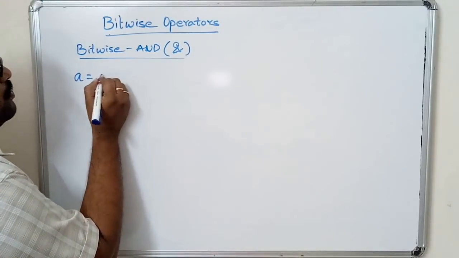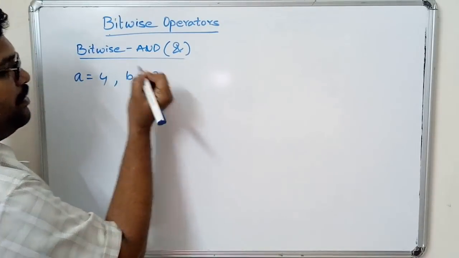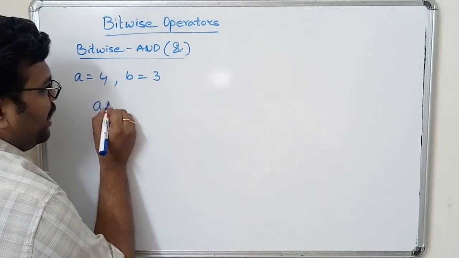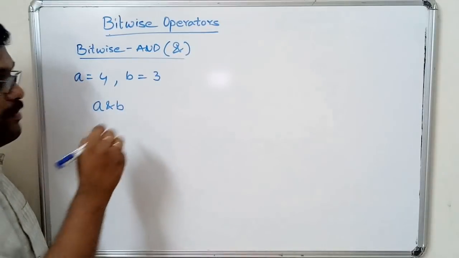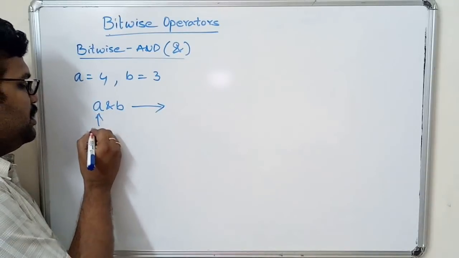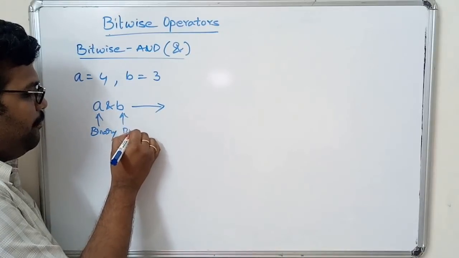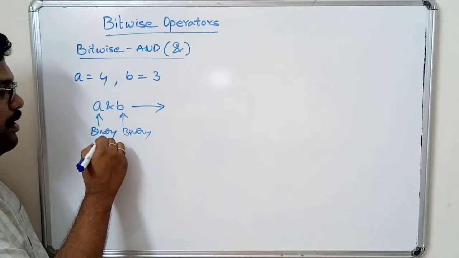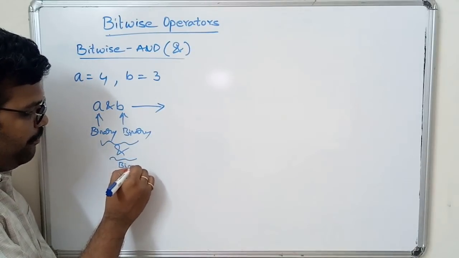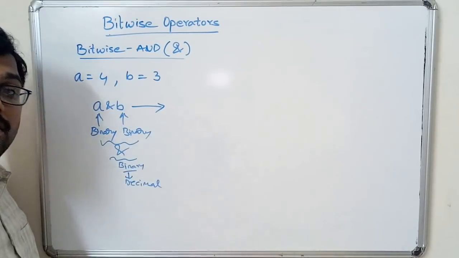If A is equal to 4 and B is equal to 3, then we have to perform A AND B. For this purpose, first we need to convert A into binary, and B into binary, and the AND operation will be applied, and again we will get the result as binary. Again we need to convert it into decimal. So this is the procedure we need to apply.